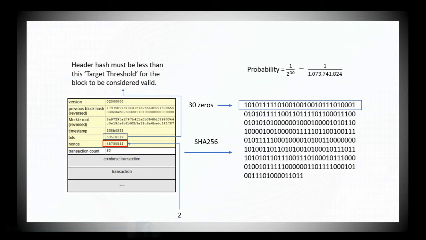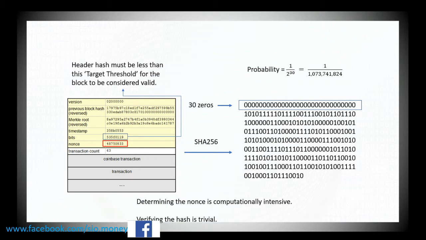And it is an iterative process. So as you can see, determining the nonce is computationally intensive. Of course, once you find the nonce, verifying that it is the right number that gives you the desired hash output is very, very trivial and quick, and the rest of the network can validate that very, very quickly.